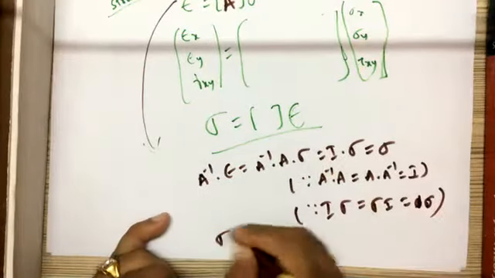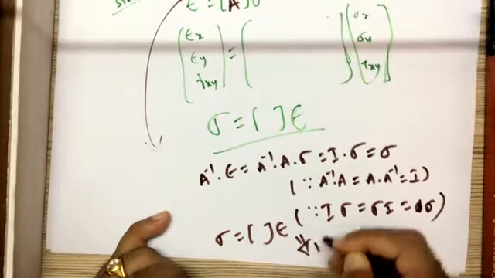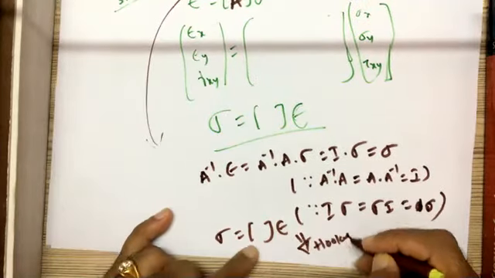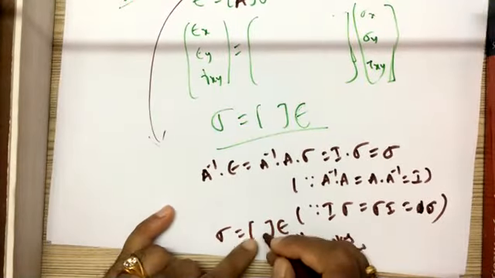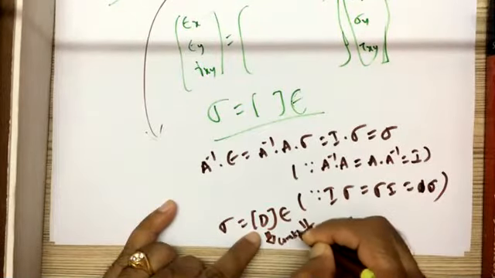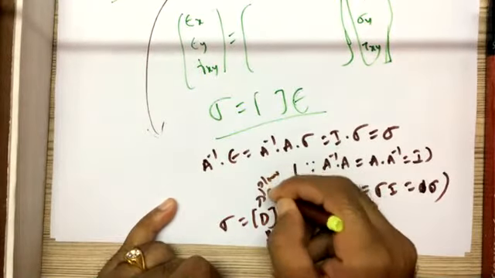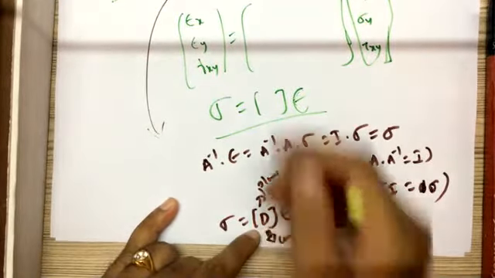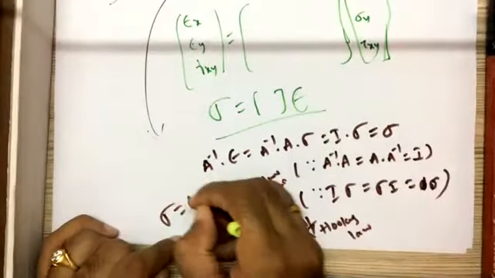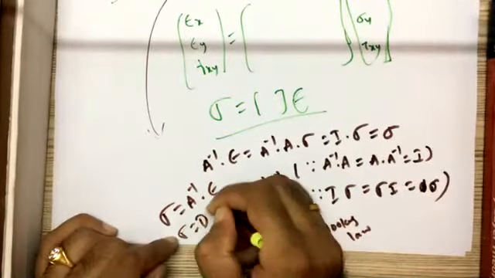So this is now in the form sigma equals some matrix into epsilon. This is the form of Hooke's law: stress is directly proportional to strain. So this matrix D is the constitutive matrix for plane strain, and we get it just by taking the inverse, sigma equals A inverse into epsilon, considered as sigma equals D into epsilon.